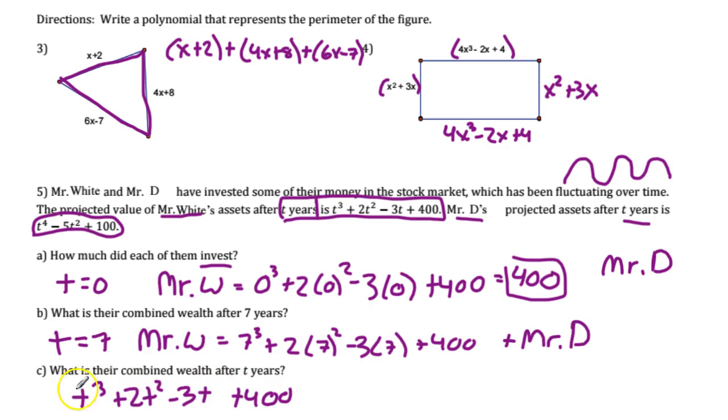That's Mr. White, plus Mr. D, which I am, t to the 4th minus 5t squared plus 100, okay? You need to add those together, simplify, combine like terms, and that's it. All right, good luck. Dirkus out.